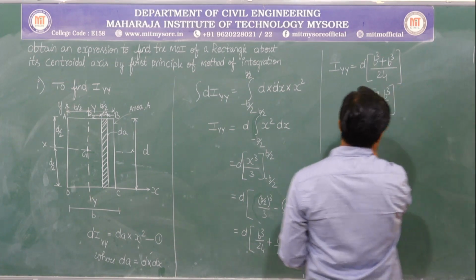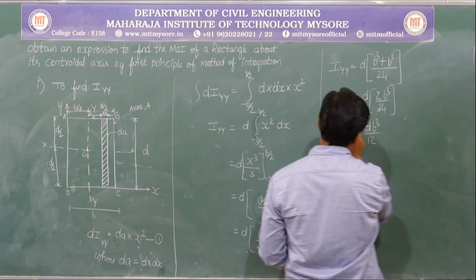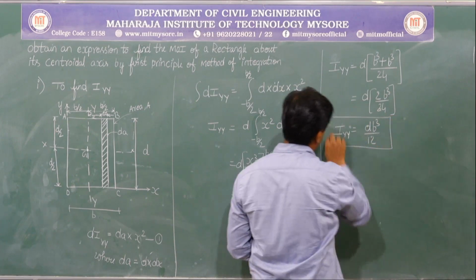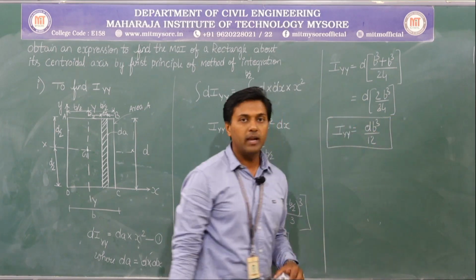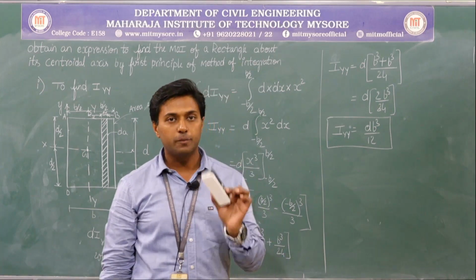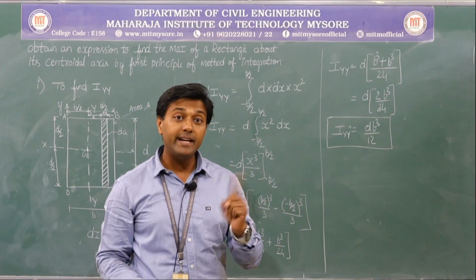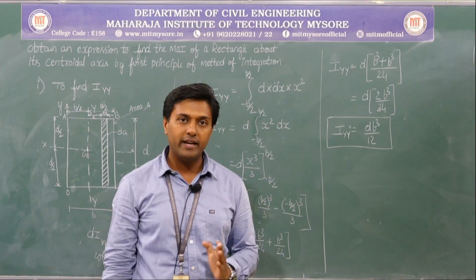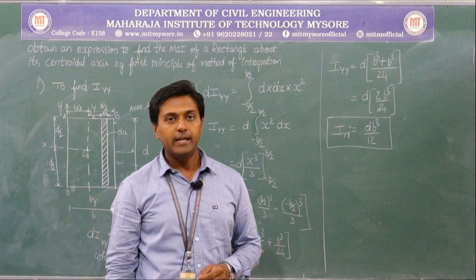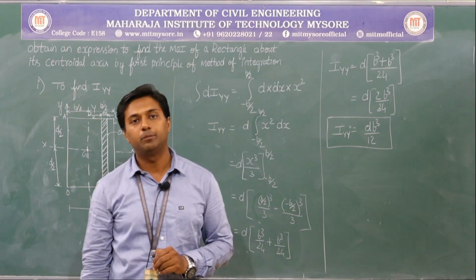So it is db cube by 12. The moment of inertia of a rectangle about the y axis is given by the formula db cube by 12. So please remember this. About the x axis, it was bd cube by 12. About the y axis, it is db cube by 12. Okay. So this completes the derivation of the rectangle.